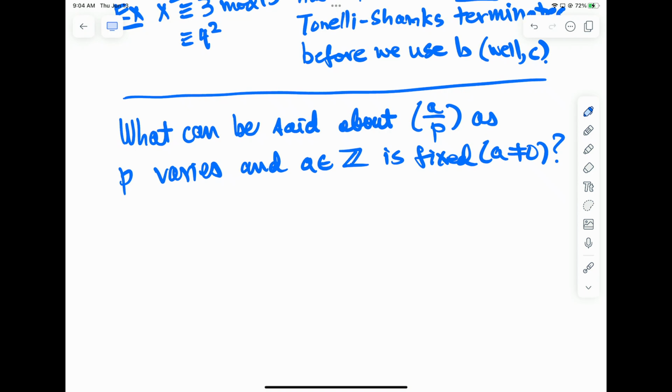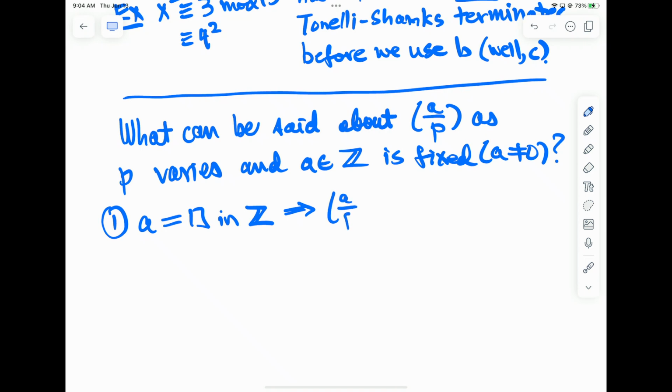Of course, one option is that maybe A is a perfect square in the integers. So what does that imply about the Legendre symbol, A on P? It's always 1.